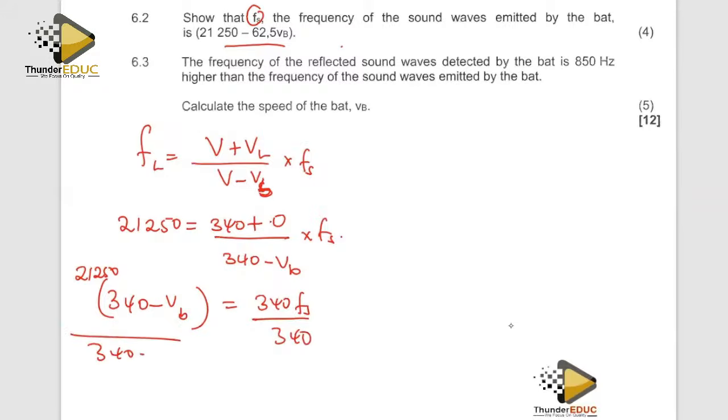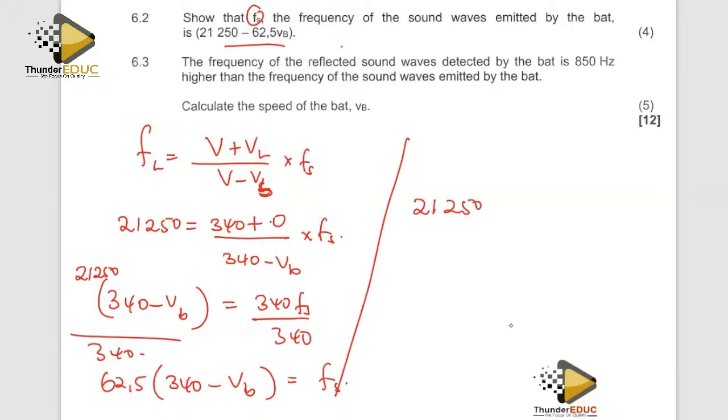So 21250 divided by 340 gives me 62.5. That's 62.5. We have 62.5 times 340 minus VB is equal to the frequency of the source. Then when I open this up, the 340 cancels, and that is going to give me 21250 minus 62.5 VB. So that's the frequency of the source that the question technically wanted.